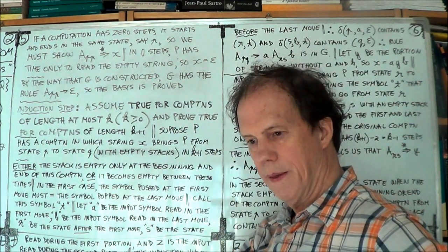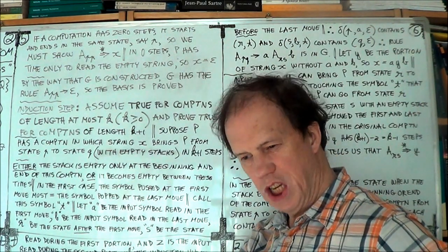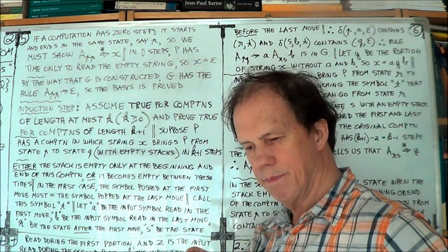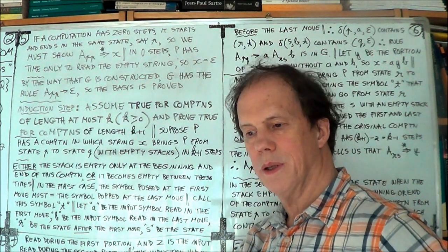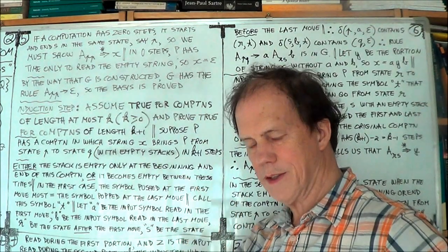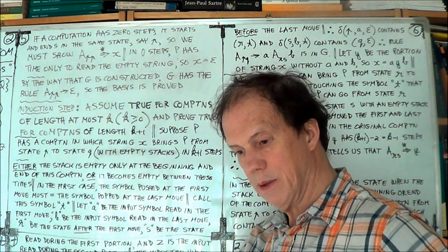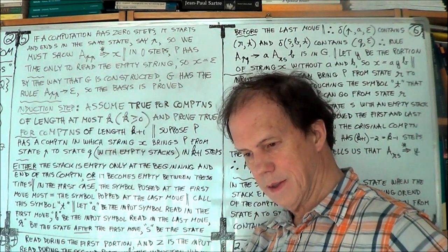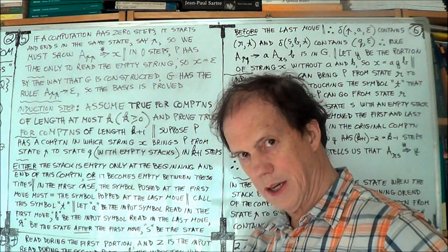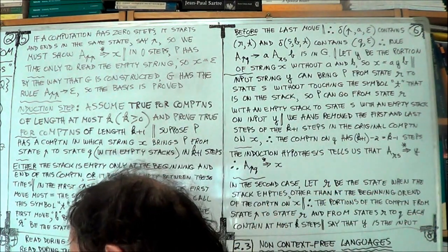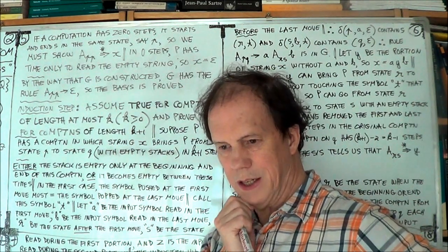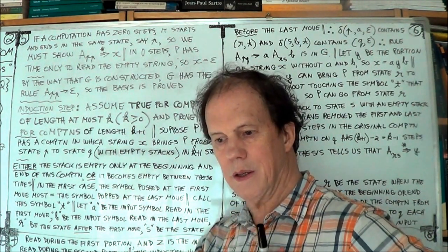We're trying to show that if the machine goes from state P reading substring X, it'll end up in state Q. Then the equivalent grammar G's variable A_PQ will generate the string X. And the integer in this inductive proof is the number of steps in the machine.